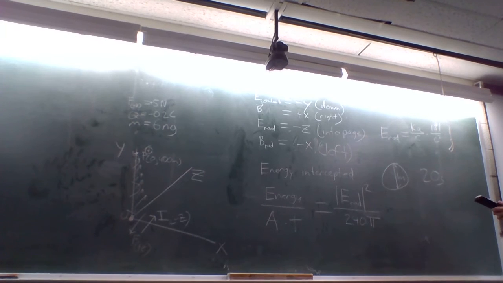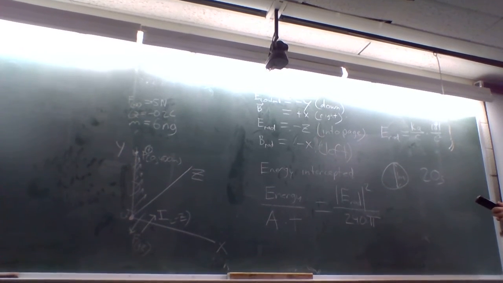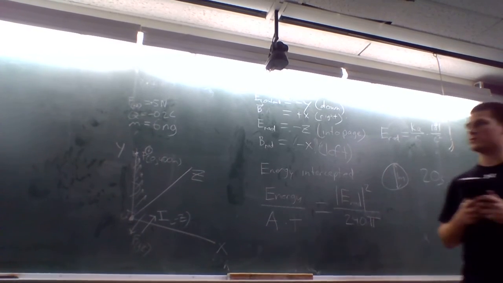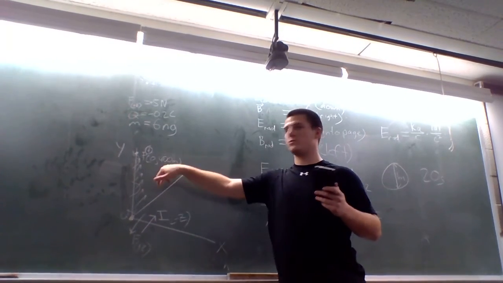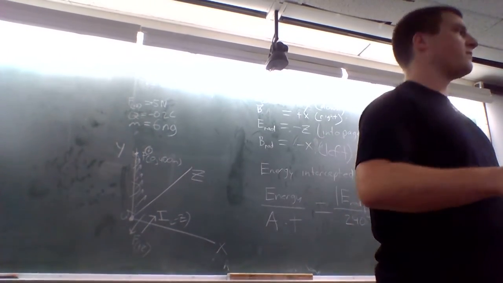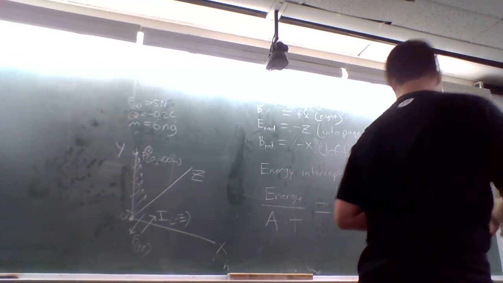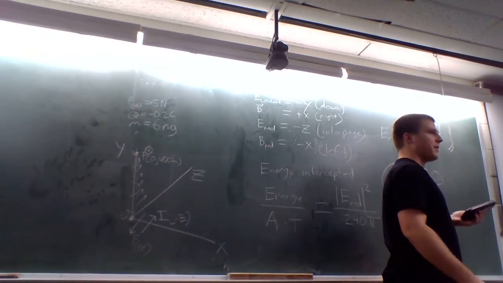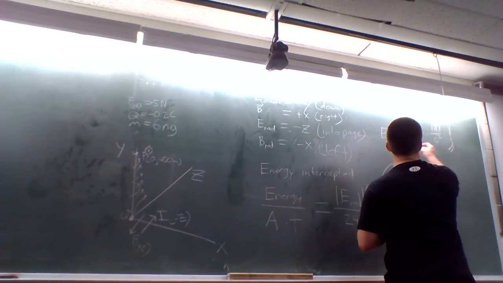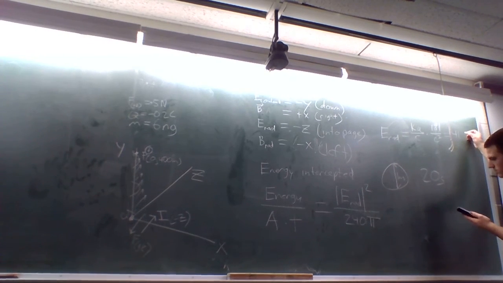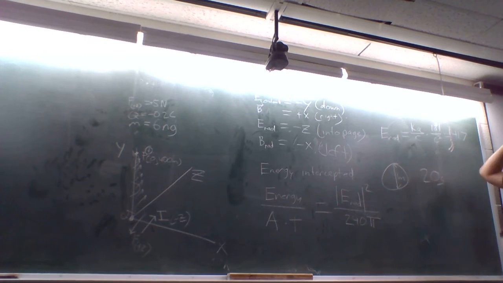Times 0.2, divided by R. Remember R in this case is the distance between the two, so 400. Do people get certain values for Erad so far? I multiplied by K and got 41.7 ish.